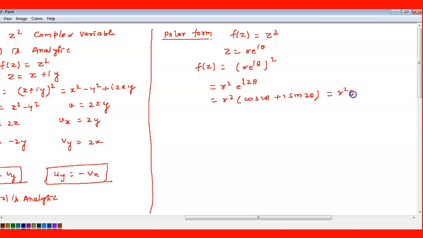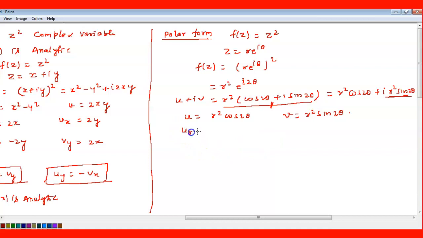We apply here r square cos 2 theta plus i times r square sin 2 theta. So real part is this one, right? If you compare u plus iv, so real part is r square cos of 2 theta, and imaginary part is this one, r square sin of 2 theta. Any doubt till here?